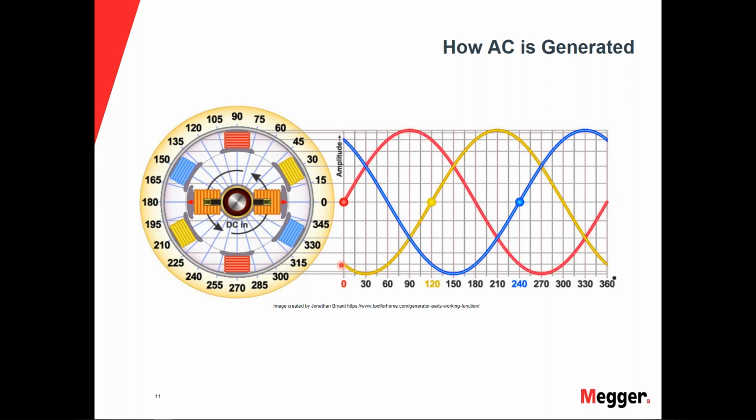But as A phase is starting, C phase has already got some induced current inside the stator winding. So as it's rotating around, we're getting a three-phase sine wave that's continually moving.